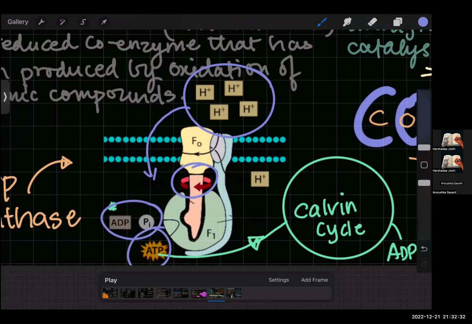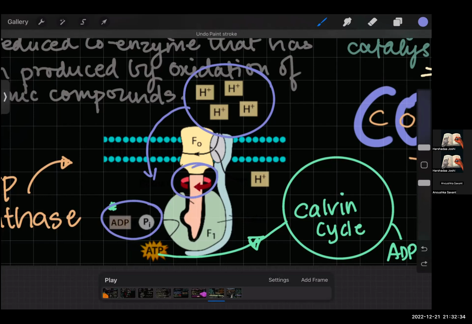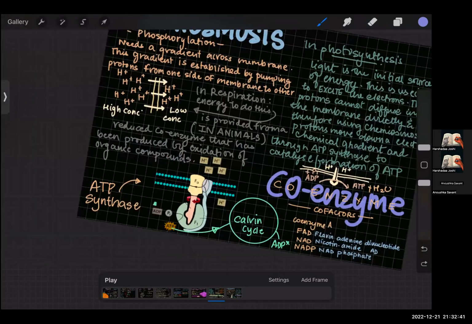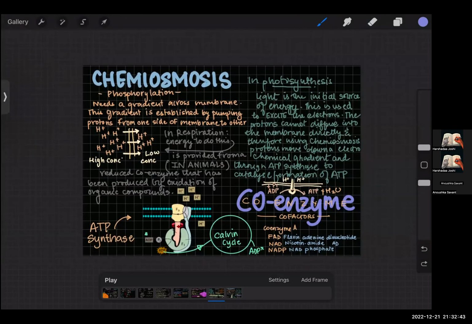So one ATP is going to be formed when you have an influx of hydrogen ions. You need these hydrogen ions to keep on moving in, because the minute your hydrogen ions stop coming inside, the production of ATP is going to stop. Right? That is following here.